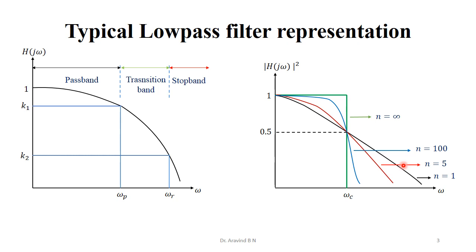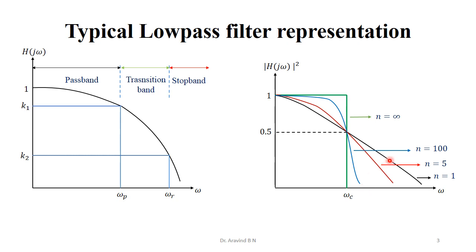Always it is required to reduce the transition band as much as possible, and to perform that we need to raise the order of the filter. As the order of the filter keeps rising, we can observe that the representation is moving towards the ideal case. For example, if n is equal to 100, then the representation moves even more towards the ideal case.